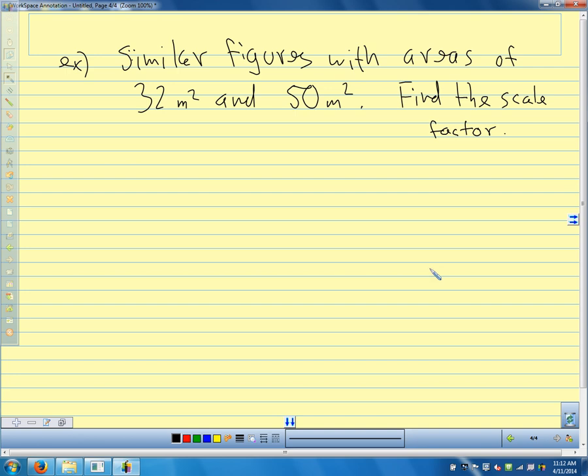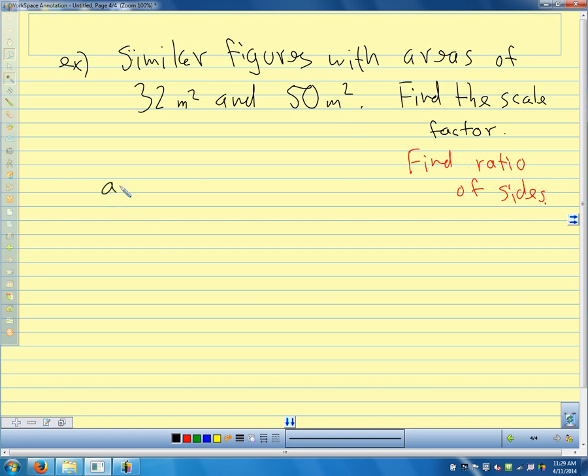The scale factor is the same as the ratio of the sides. So what this problem is asking us to do, we're kind of translating here, is find the ratio of sides. So we want the side ratio. So here we're working backwards. We're working in the opposite direction that we did the last couple of problems.